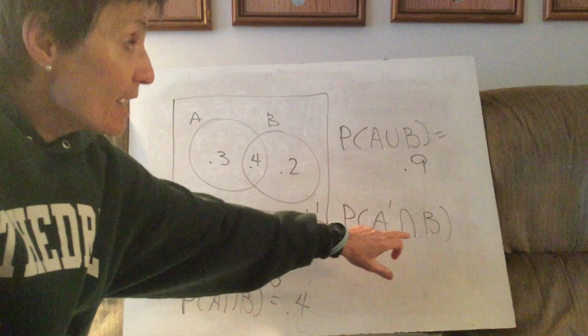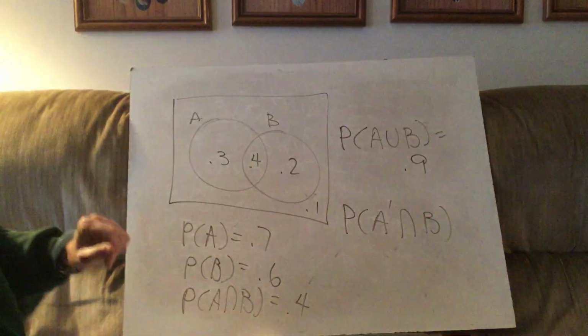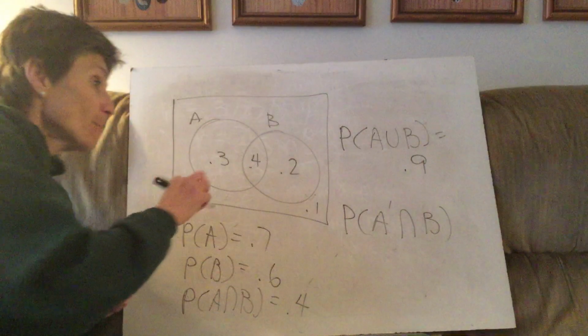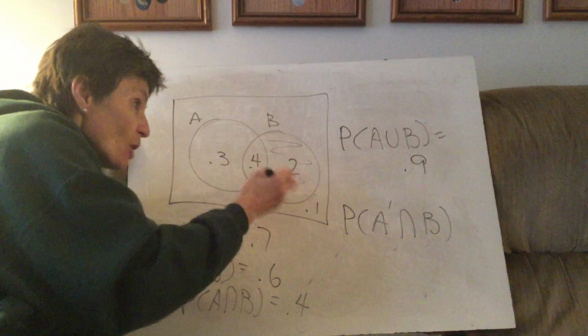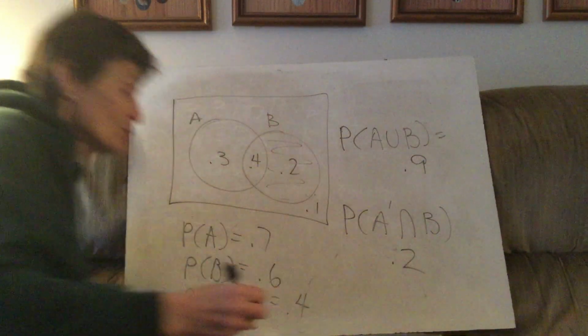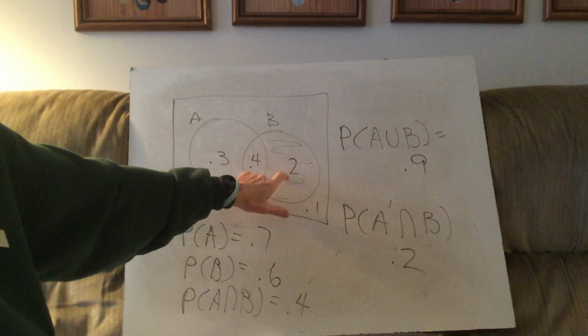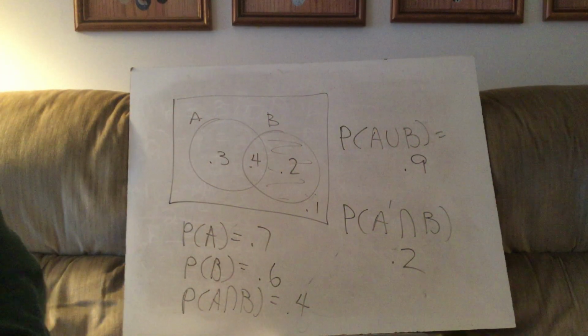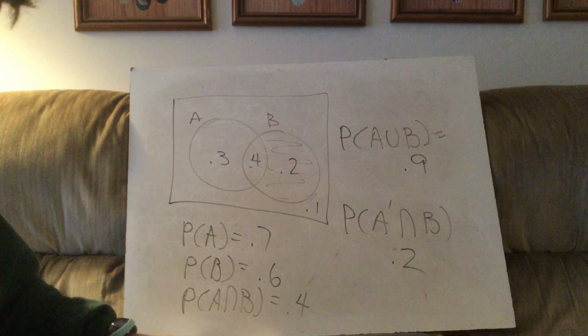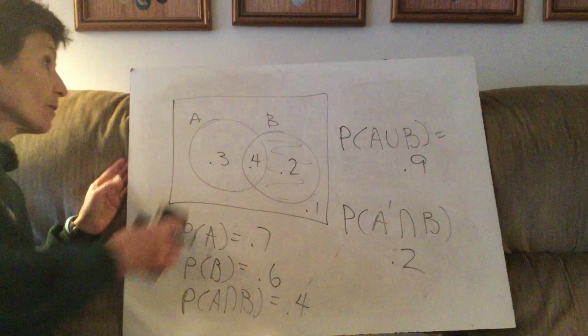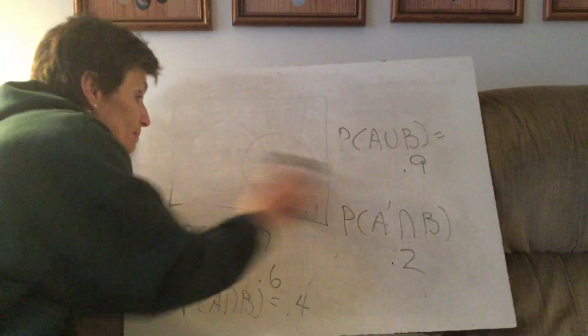No apples and bananas. So the people who do not like apples but who like bananas are right here. This is where we're talking about. So that's 0.2. These people like bananas, but they do not like apples. All right, number 1 done.